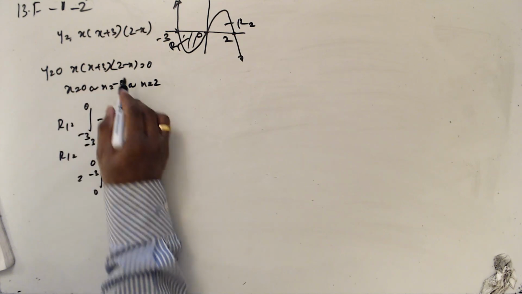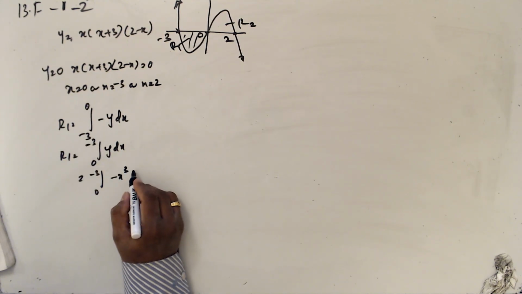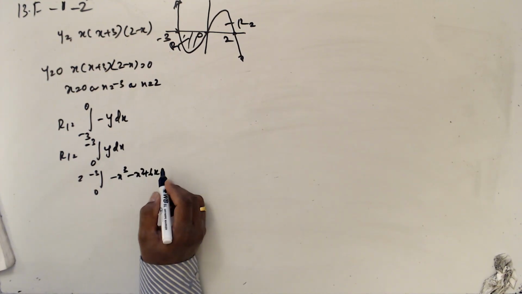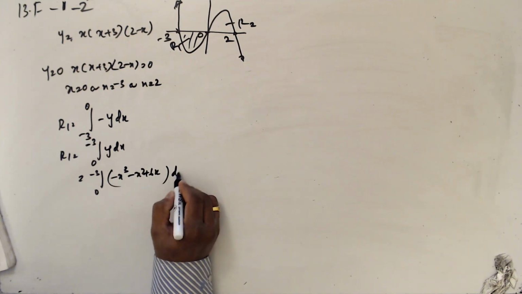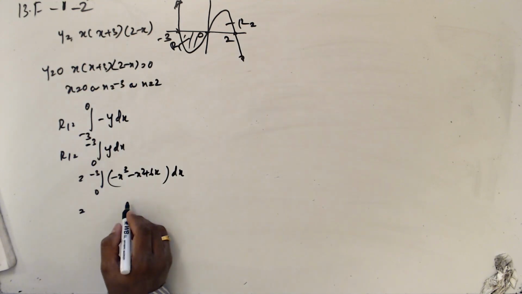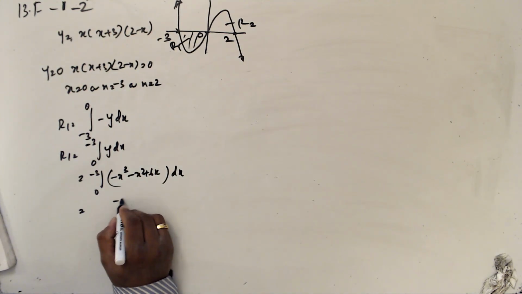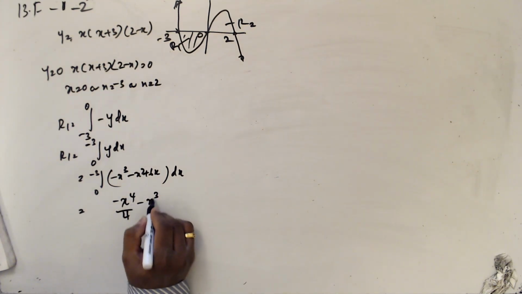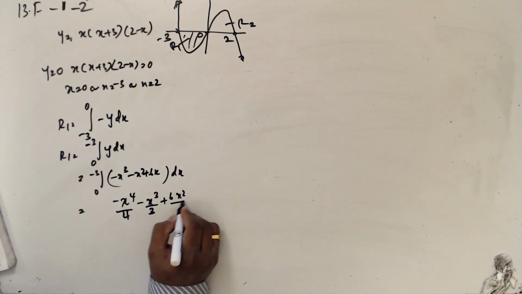When you expand this one, you will get minus x cubed minus x squared plus 6x dx. Now we'll integrate this one: minus x^4 over 4 minus x^3 over 3 plus 6x squared over 2.